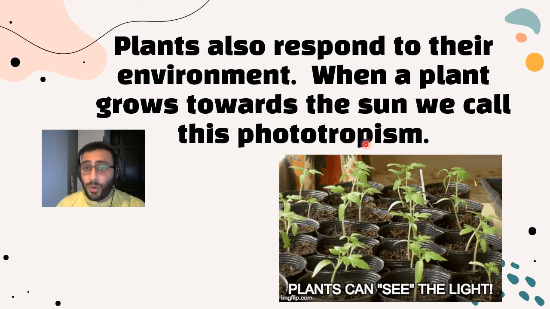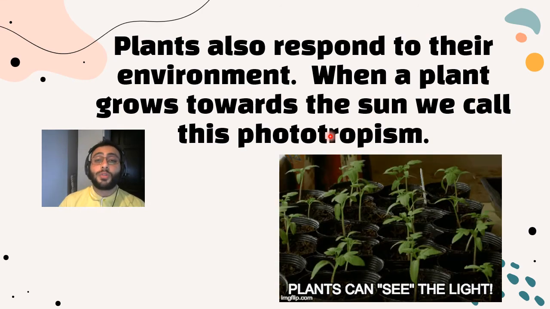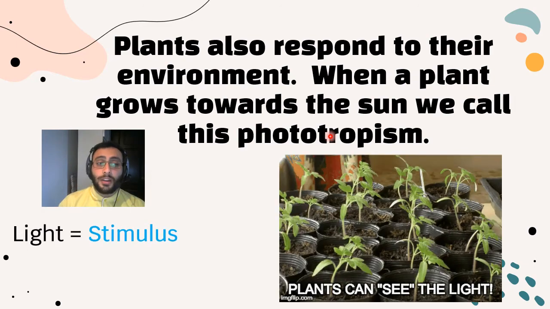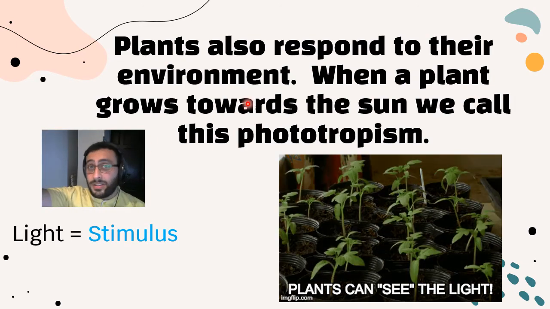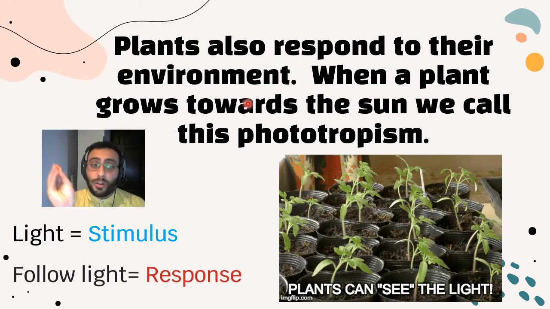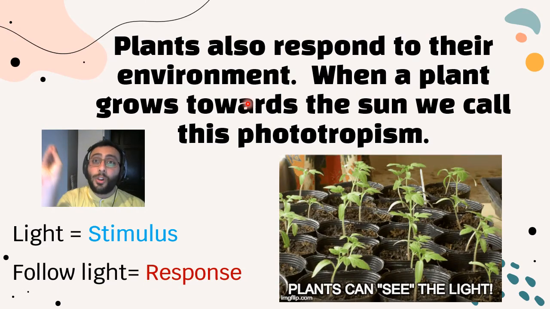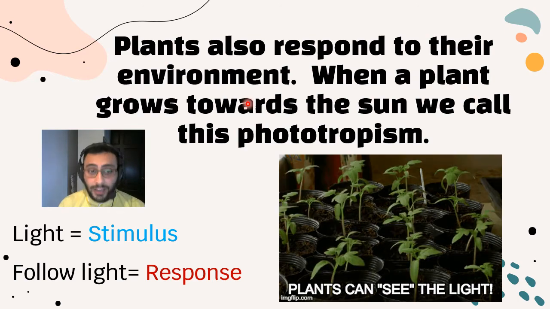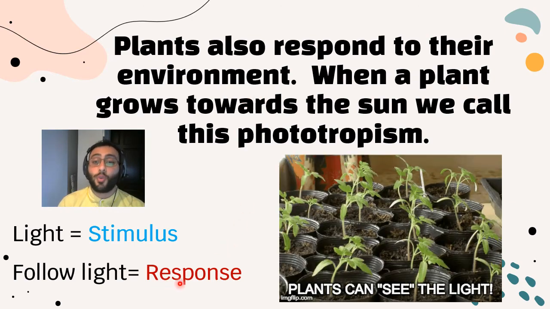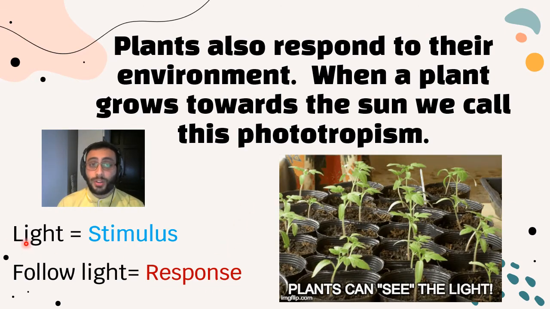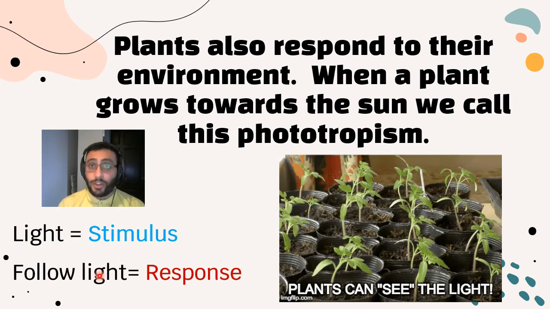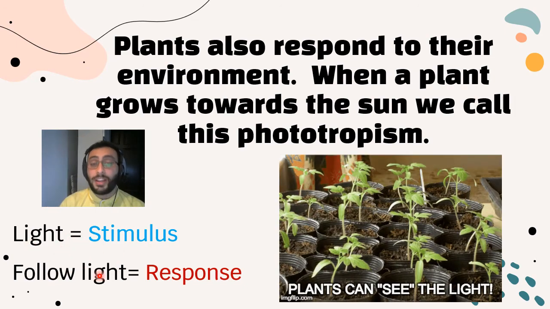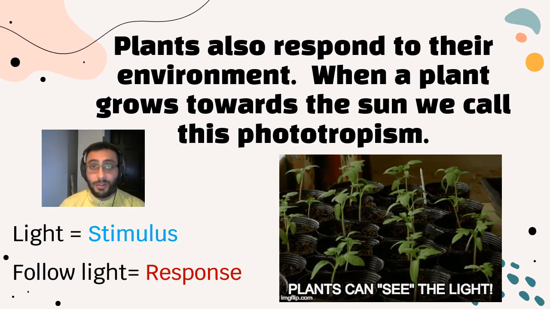No, you don't have to remember this word, but I want you to know that when there is a light of the sun, which is the stimulus, the plant will grow and follow towards the light. That is its response. So the sunlight is the stimulus. Following the light or growing towards the light is the response of a plant.